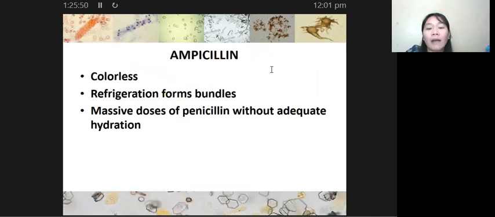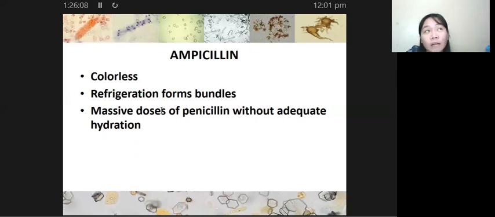All right, next we have your ampicillin. It appears as colorless, fine needle-like crystals. The crystallization of your ampicillin is enhanced upon refrigeration.